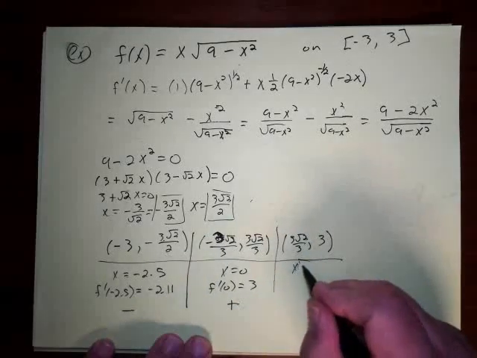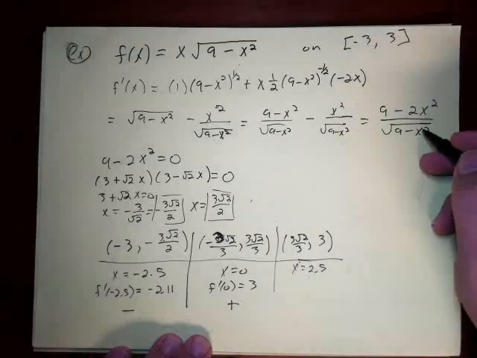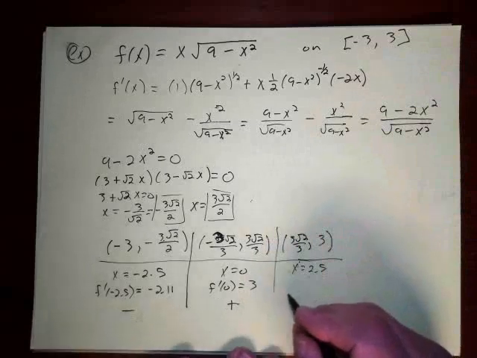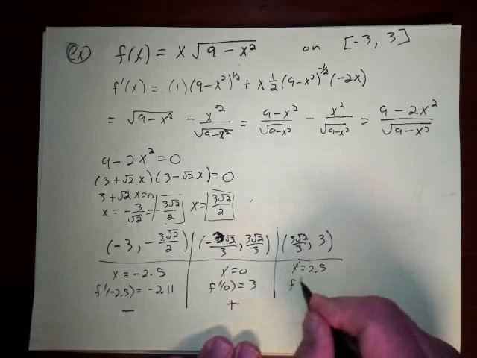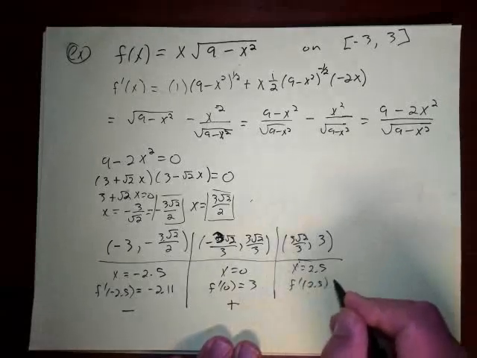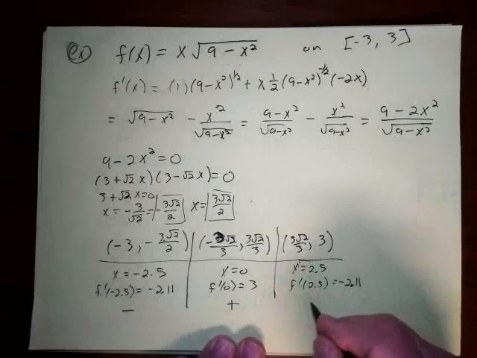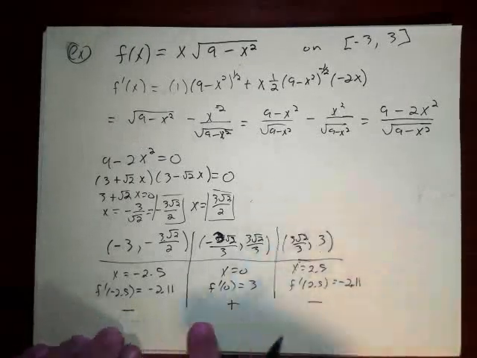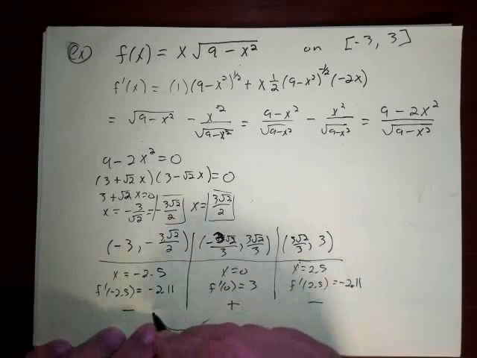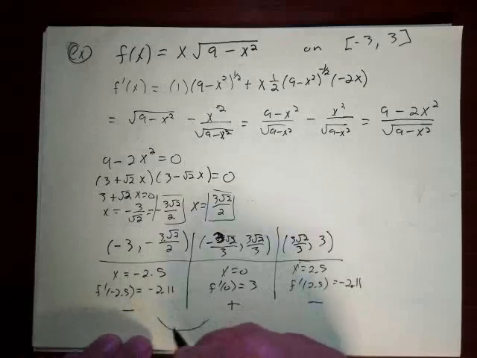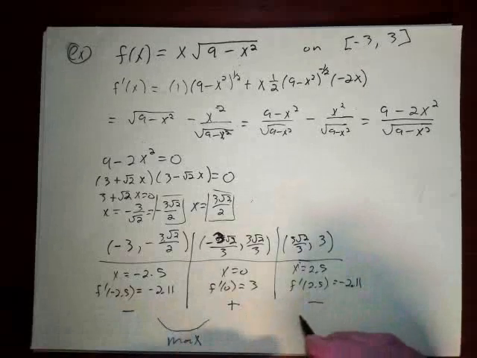And then I'll put in a positive 2.5. Notice negative, positive, you'll get the same thing because you're squaring the x here. So f prime of positive 2.5 is also negative 2.11, and so the derivative is negative. So this thing is going from negative to positive, from decreasing to increasing. So you're going to get a min here at negative 3 square root of 2 over 2.